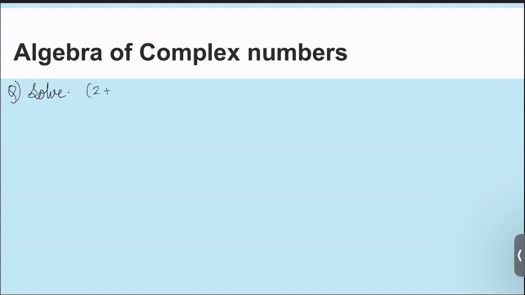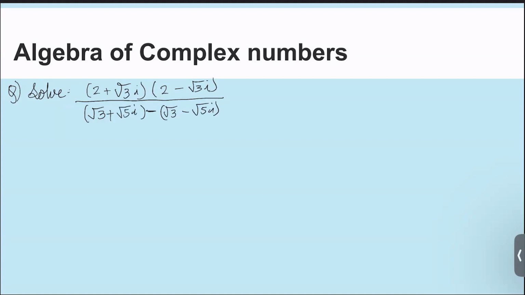Solve (2 + √3i)(2 - √3i) upon (√3 + i√5) - (√3 - i√5).